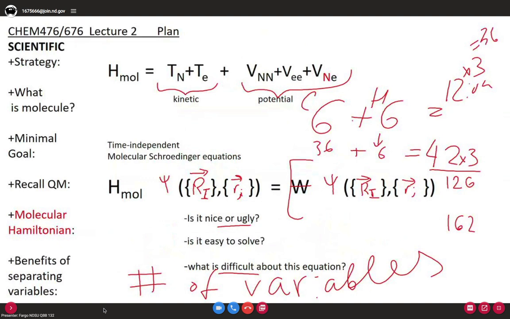Each nucleus has 3 Cartesian projections. So you need 6 plus 6, 12, times 3. Good. Last year I made an error, but no, 36, yes. 36. And it is not the whole story.